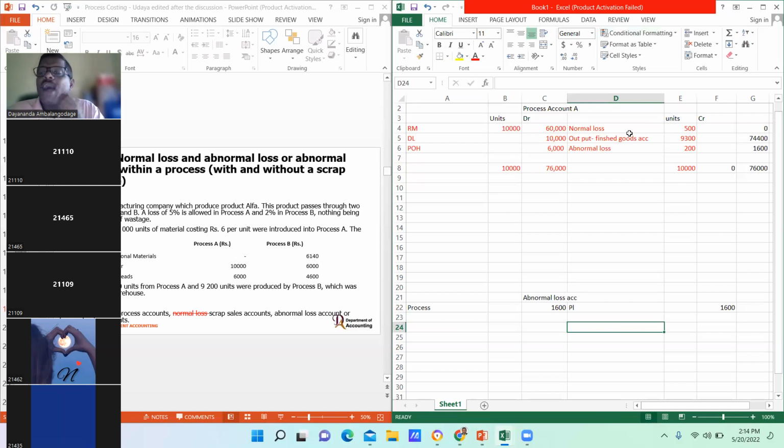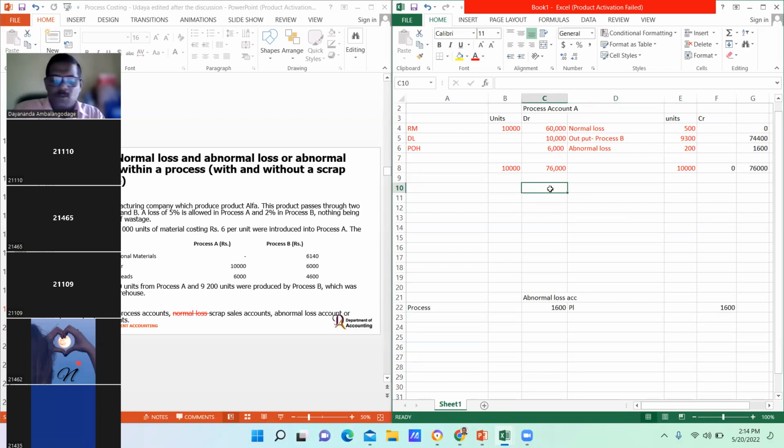And remember, this output of finished goods is not being transferred to finished goods. It will be transferred to process B. That you have to remember. So that will be transferred to process B because there is a process B account, right? So we can open process B now.